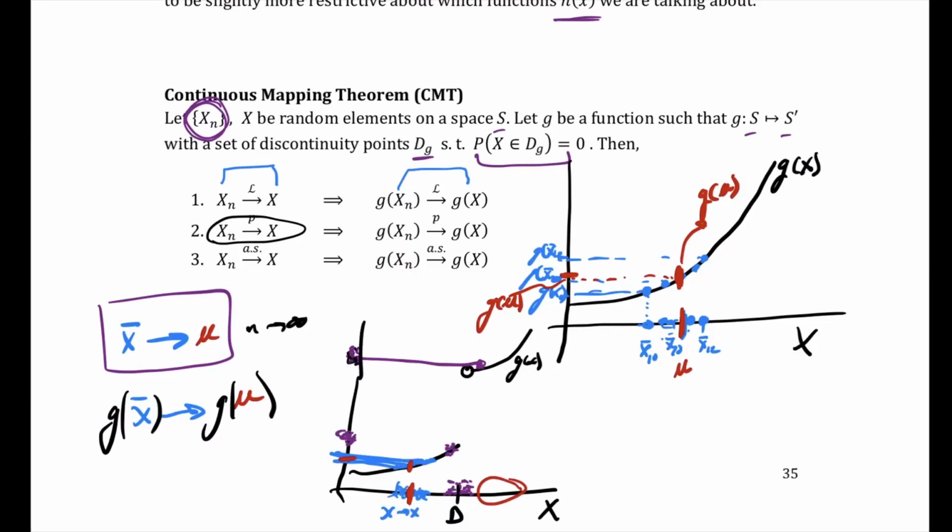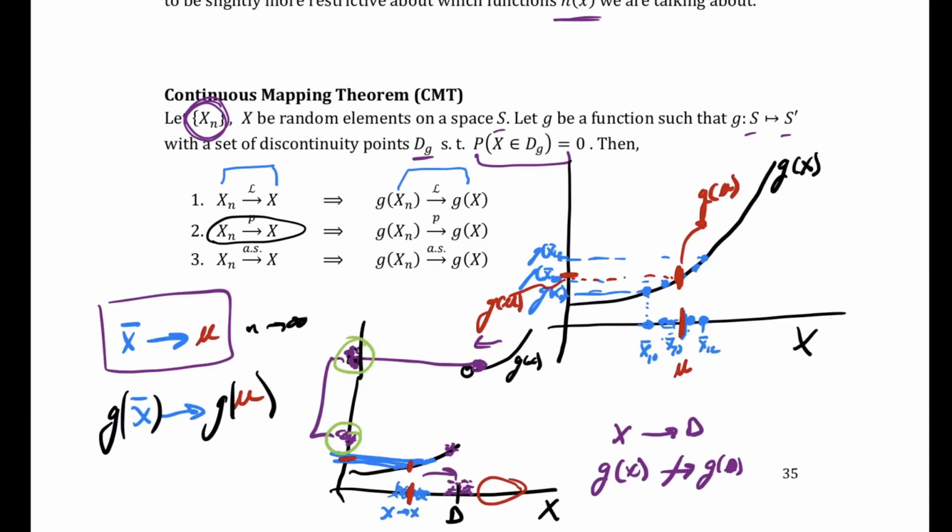And so what happens is that you get a big disparity. So in this case, if your x's are converging to d, it's not true that this thing always converges to g of mu or g of d, because you could be coming from the right, could be coming from the left, and you could end up either here on this top part or on the bottom part, depending on which side you happen to be approaching from.